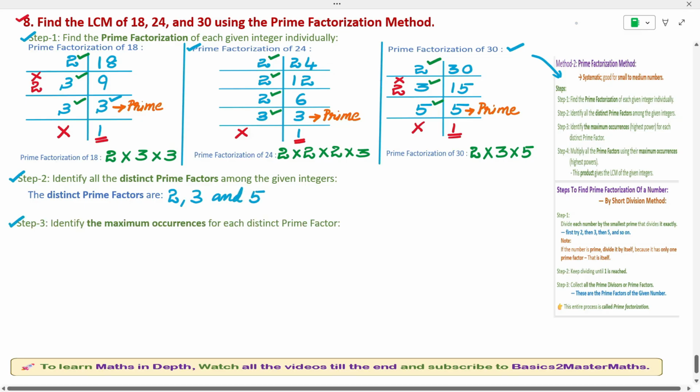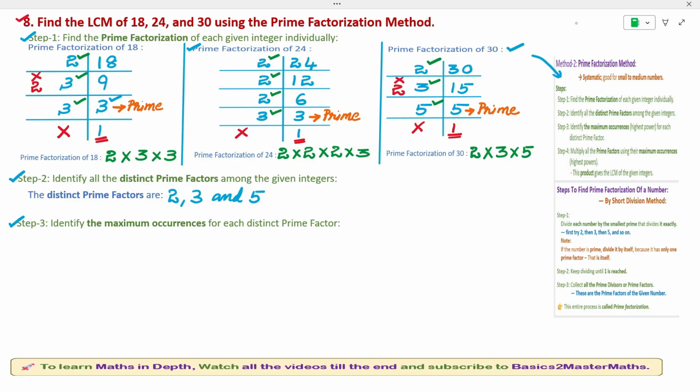Step 3. Identify the maximum occurrences for each distinct prime factor. Observe, 2 occurs in the prime factorizations of 18, 24, and 30.